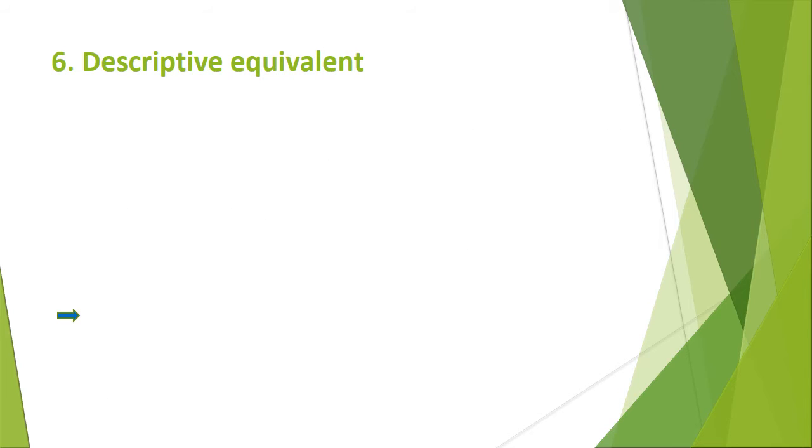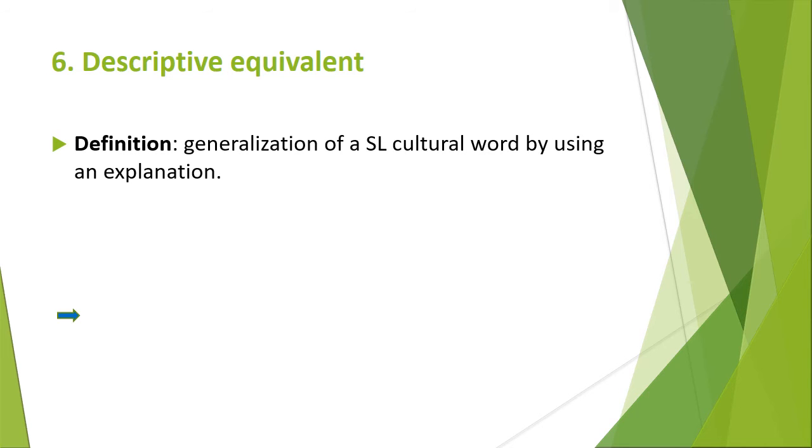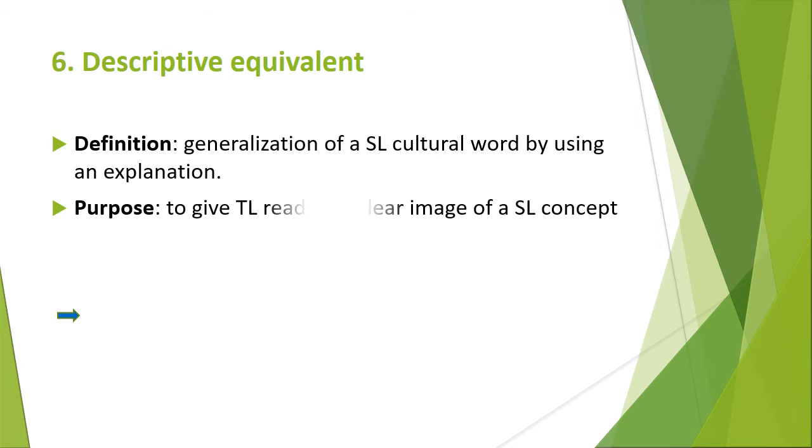Okay, and the sixth is descriptive equivalence. It is the generalization of a source language culture-bound word by using an explanation, and is used to give target language readers a clear image of a source language concept.